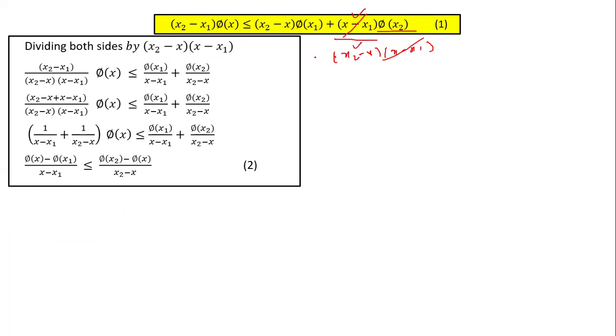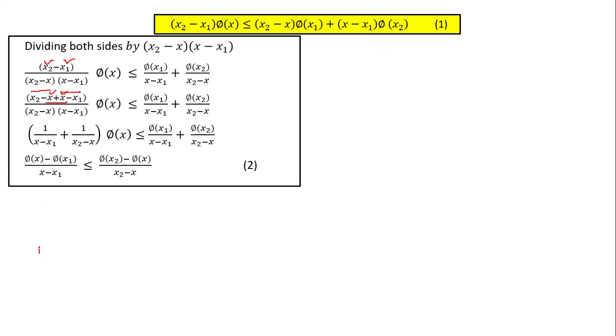Its denominator will become x2 minus x1. And here, both these terms are present. So in this number, you can see x2 minus x1 is present. So I have added and subtracted the same value x, and now making it x2 minus x separately and considering x minus x1 separately.